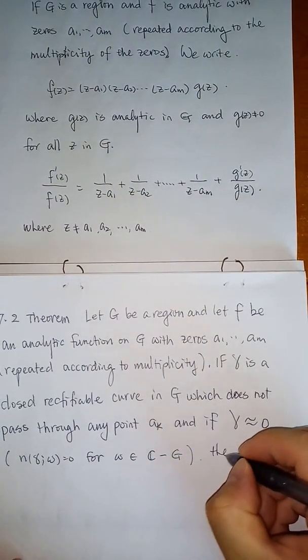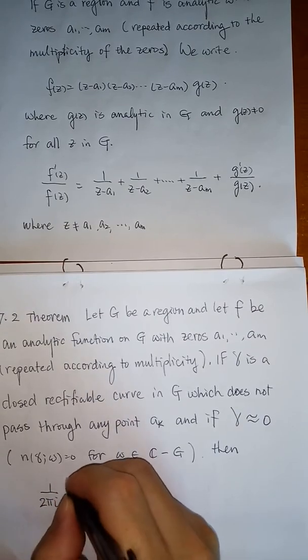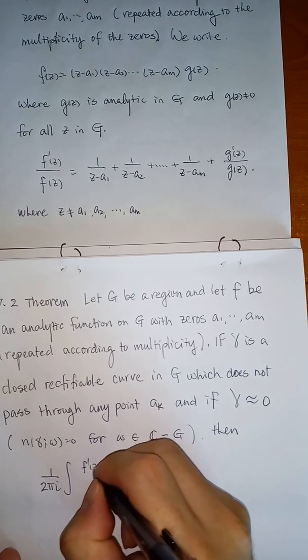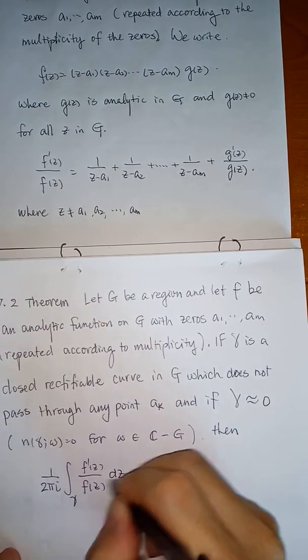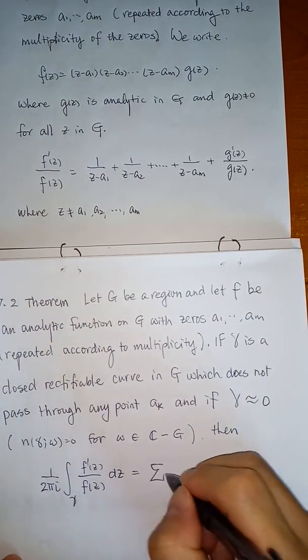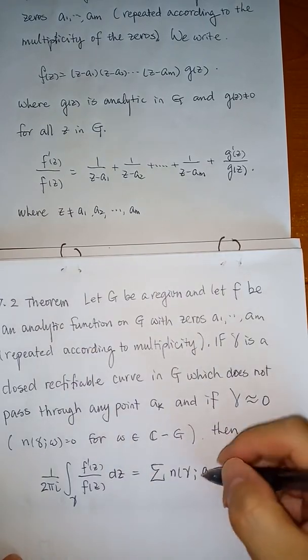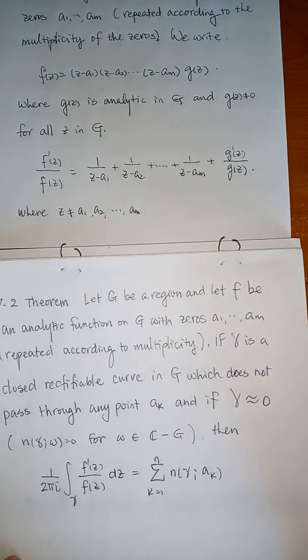Then the integral of f prime of z over f of z along gamma, divided by 2 pi i, is equal to the sum of the winding numbers with respect to ak, k from 1 to m. Okay, so that's the statement.